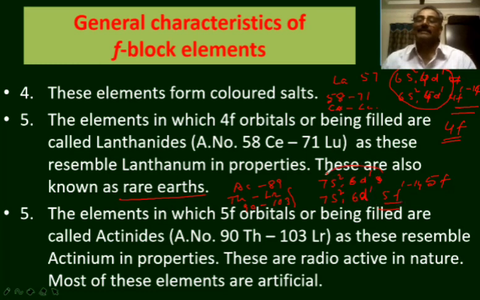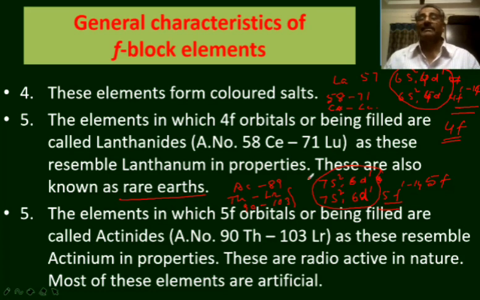These elements possess the same electronic configurations in the valence shell and the penultimate shell, so these 15 elements exhibit similar properties. That means the 14 elements from thorium to lawrencium resemble actinium in properties. So all these 15 elements together are called actinides, and they are kept in the same place in the periodic table.